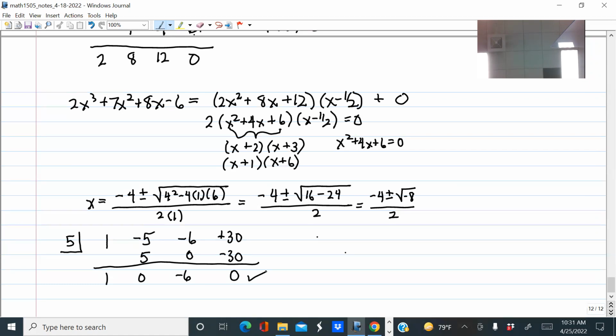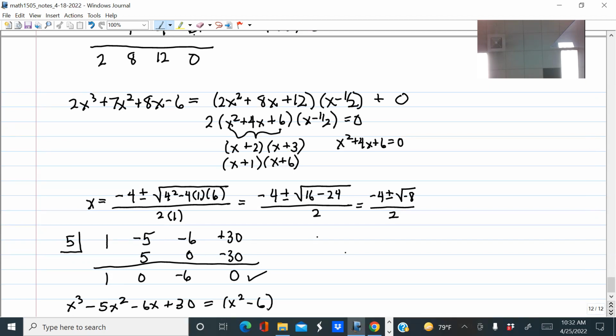So we know that if you factor x cubed minus 5x squared minus 6x plus 30, what do you get? What's this quotient here? That's 1x squared plus 0x, and then minus 6, so you can skip the 0x.